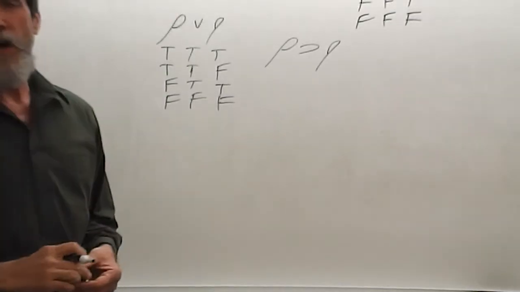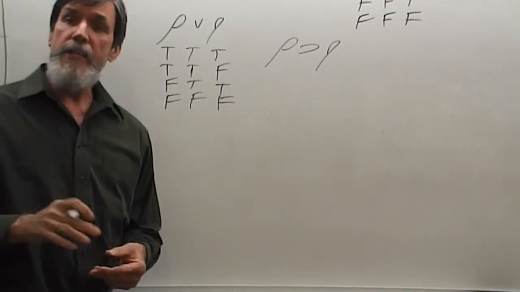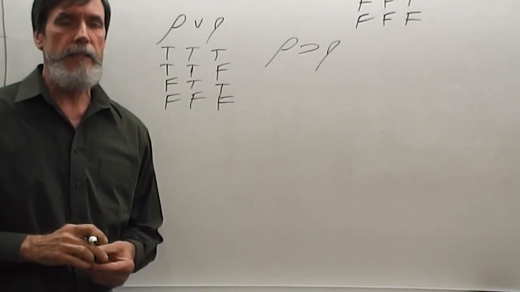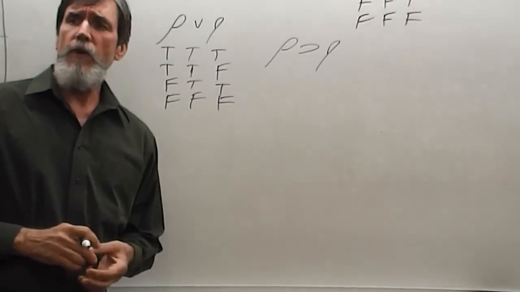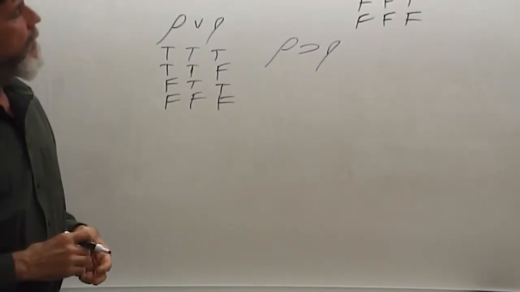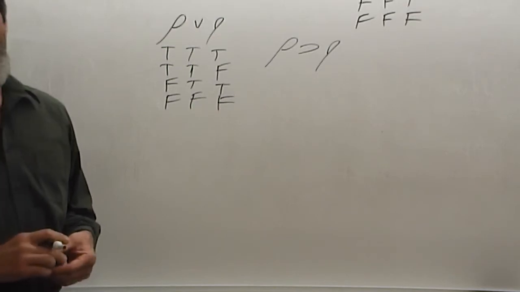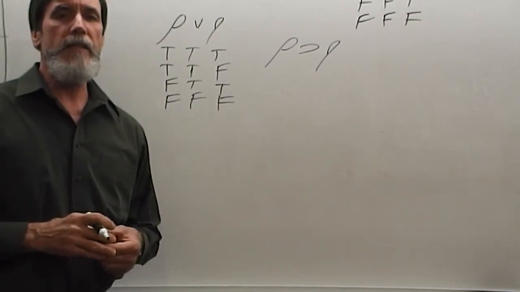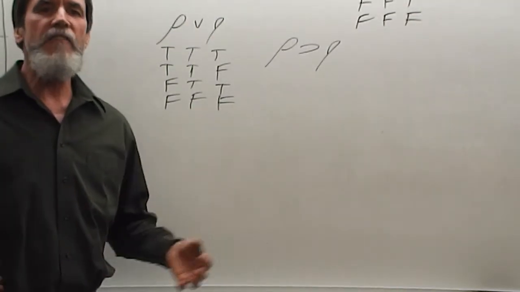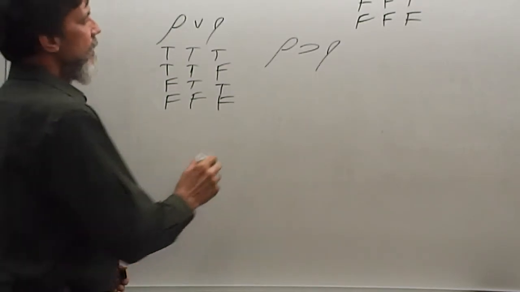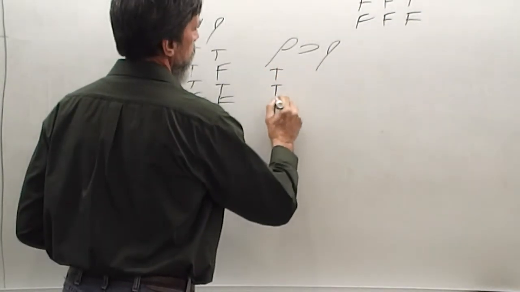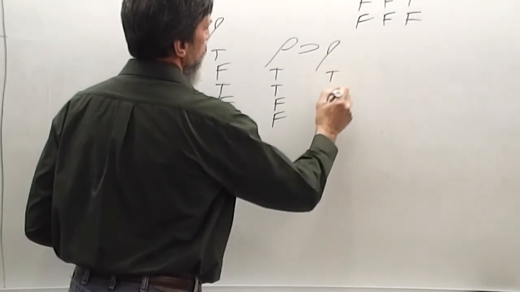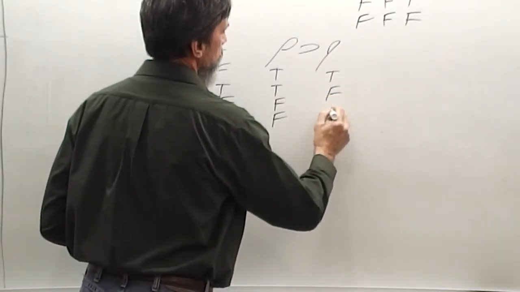Compound statement form called the conditional statement form. The relationship is called material implication. It's made with that symbol called a horseshoe. Those components, P and Q, are called the antecedent and consequent, respectively. We read that if P, then Q. P and Q are each either true or false.